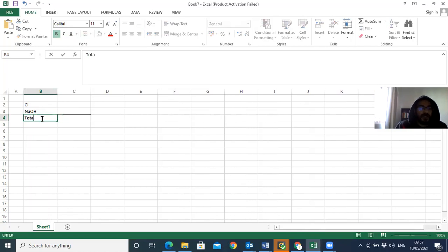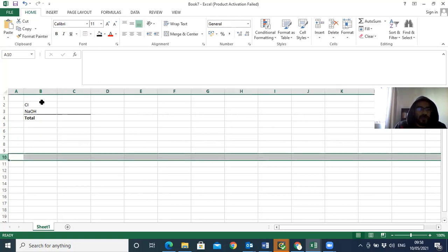Okay, so remember we allocate joint costs only to our joint products. Okay, so our joint products are chlorine as well as NaOH. So we're going to allocate net joint costs to our joint products. How do we get net joint costs? So we have workings over here.